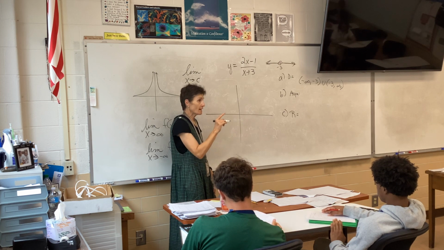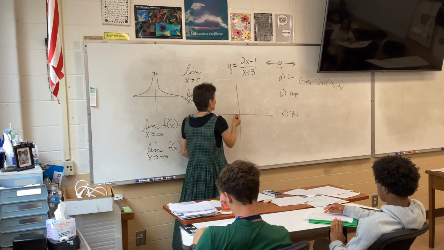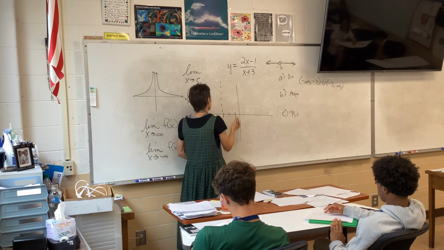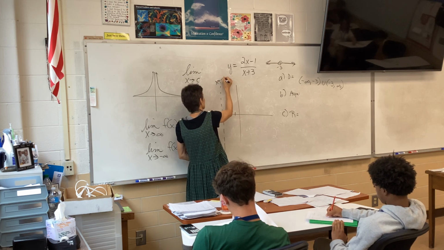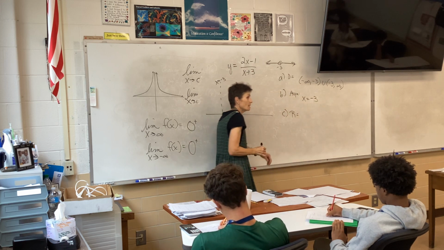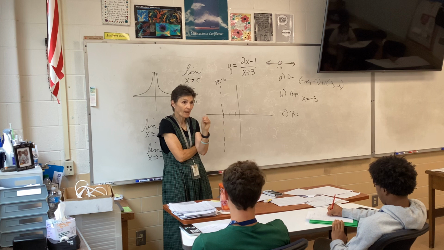When you tell me x cannot be something, that is a vertical asymptote. So we are going to have a vertical asymptote at x equals -3. Let me say that again. Vertical asymptotes are cannot be's.